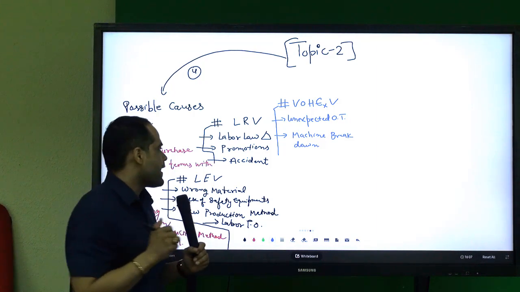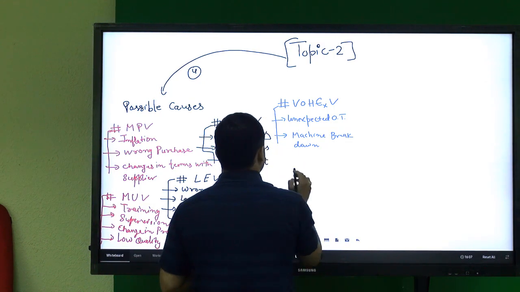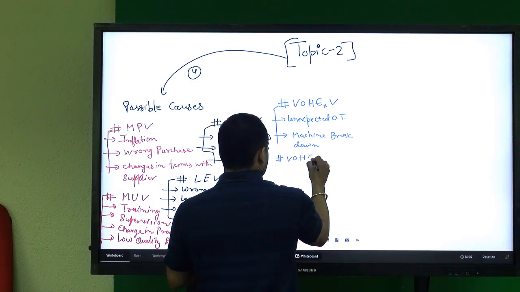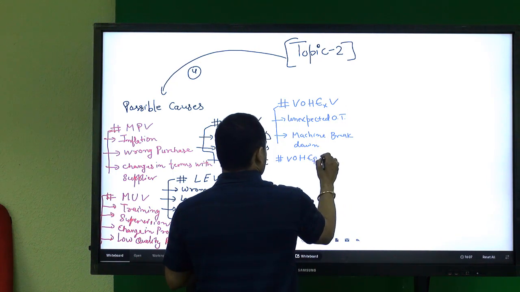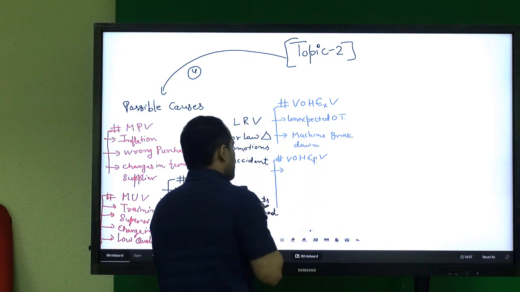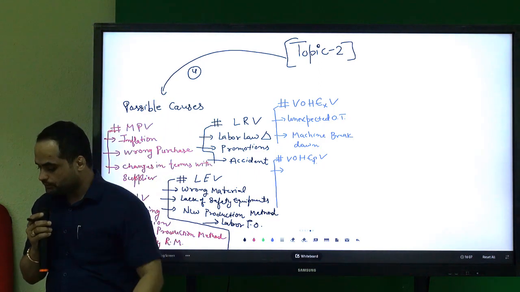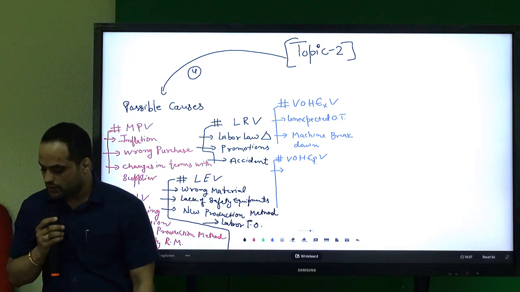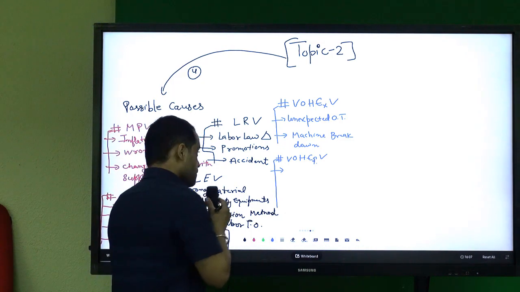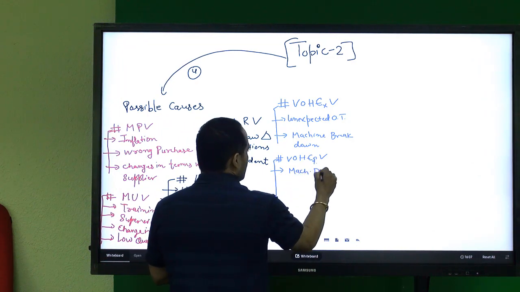Next is variable overhead efficiency variance. It is, of course, about machines. So again, machine issues, machine breakdown, same as machine downtime.